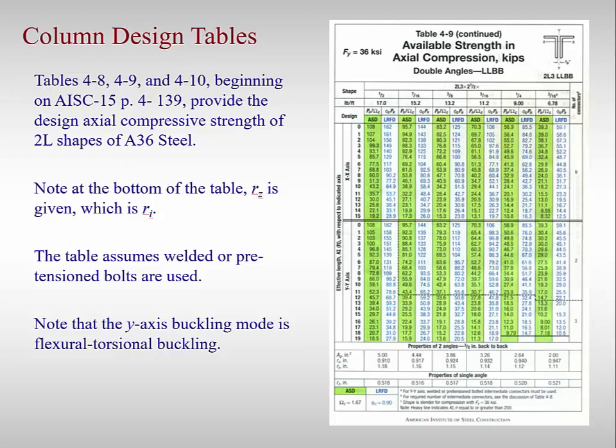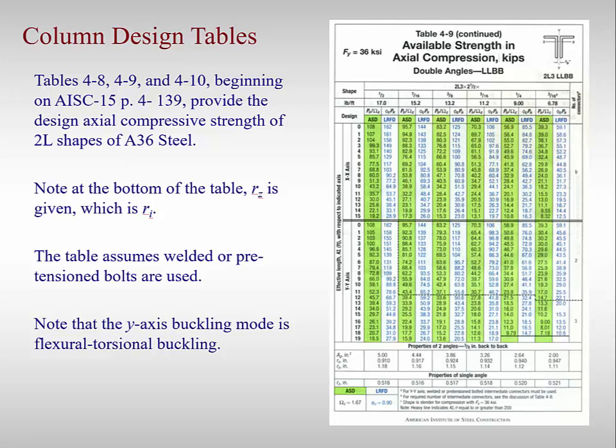Tables are provided for double equal leg angles and unequal leg angles with either the long legs back to back or the short legs back to back. Note that how the angles are oriented with respect to each other will affect the calculation of the moment of inertia and the radius of gyrations.